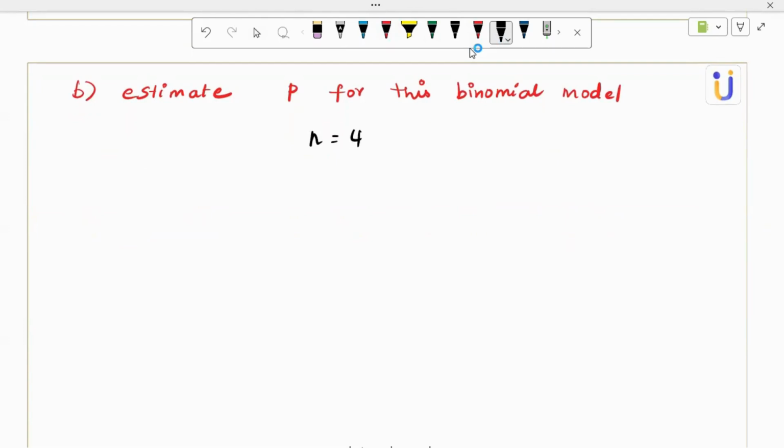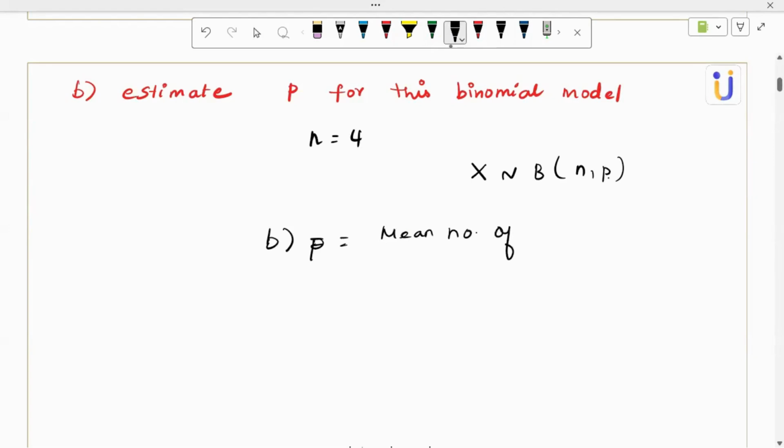the question here is to estimate the probability for this binomial model. I have a binomial model, usually X distributed binomially as n comma p. We know n, and p is what we need to estimate. That's quite simple. So p is the mean number of wins that we found just now, divided by the number of trials.